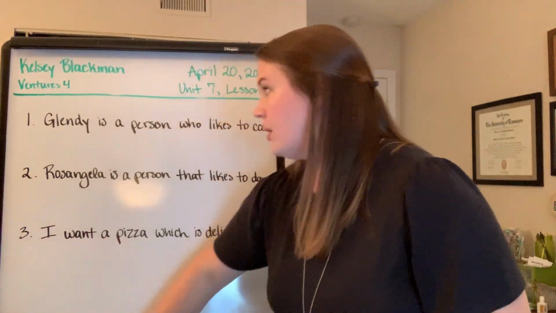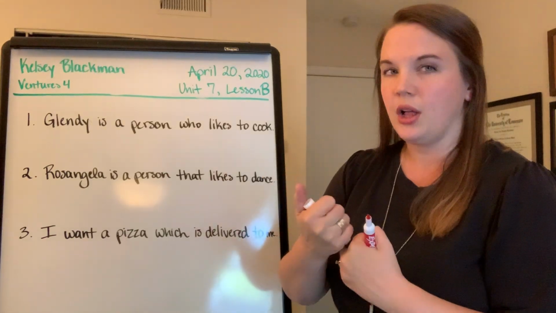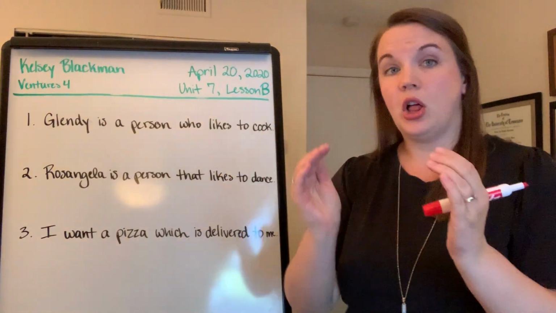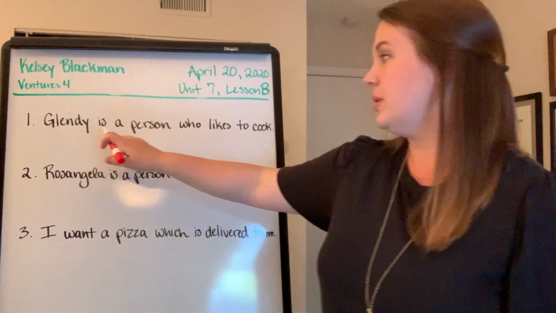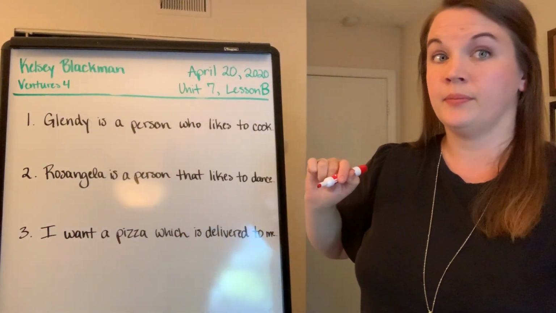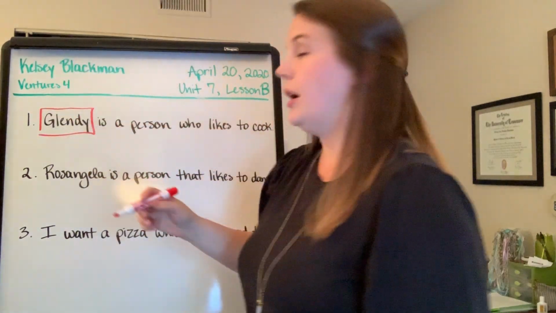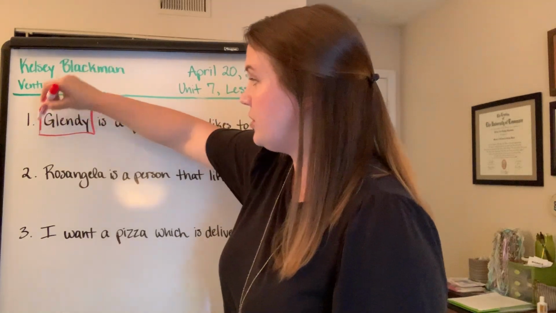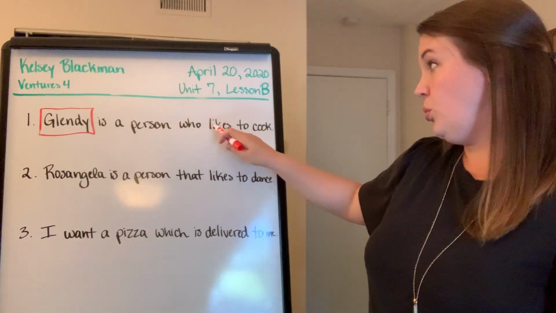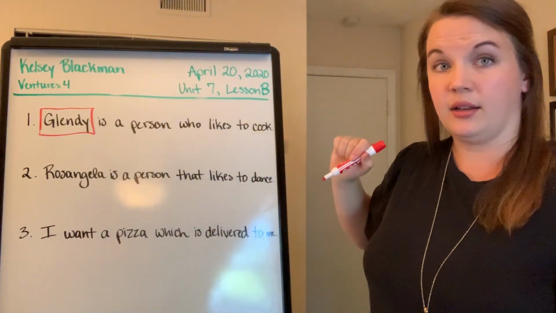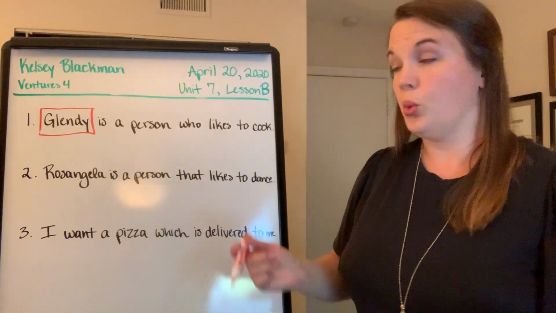Glendy is a person. Now you remember how we know that there are 2 clauses? It's because each clause has to have a subject. So what's the subject in the first clause here? Glendy. All right, we did these in the last video, so this is just a review. Glendy is a person who likes to cook. What's the subject of the second clause? Who.